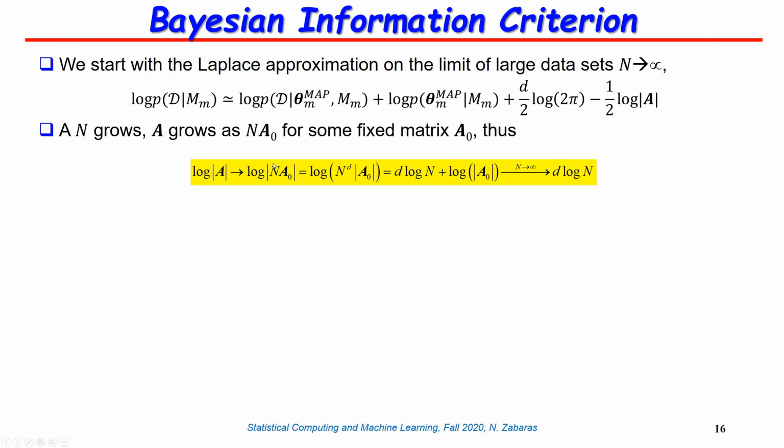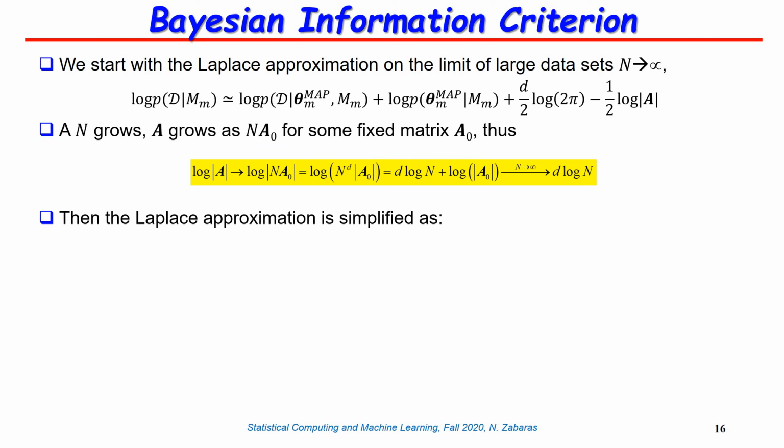And by the way, pay attention when you take the log of the determinant of n times A0: this determinant is n to a power d times the determinant of A0. You don't move the scalar outside the determinant. You're going to get n to a power d, where d is the dimensionality of your parameters.